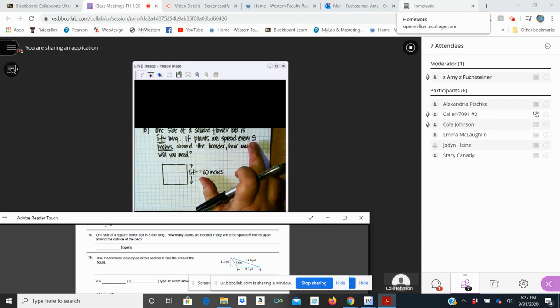Because the plants are spread every 5 inches. So if we take our 60 inches and divide it by 5, for one plant every 5 inches, that's going to give us 12 plants.